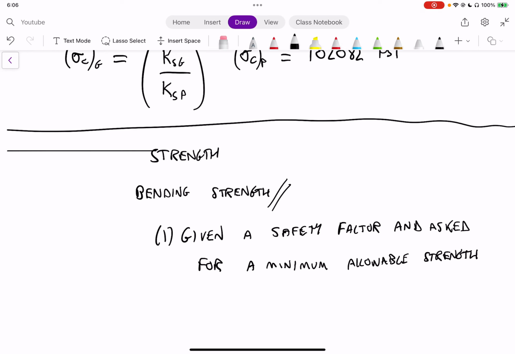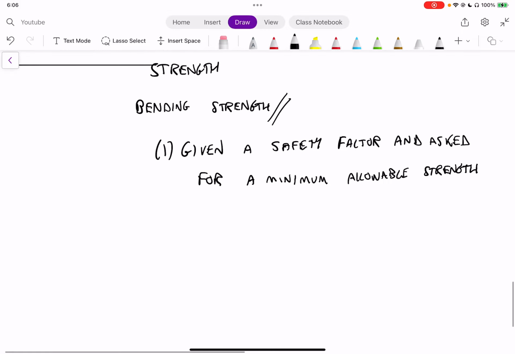So essentially we would be told you need a safety factor of 2. What is the strength that you need to get that factor of safety?